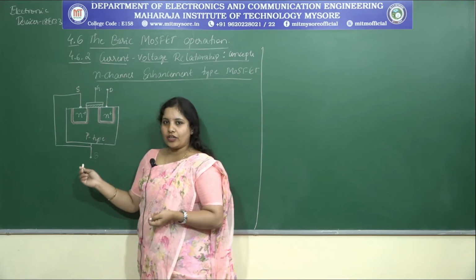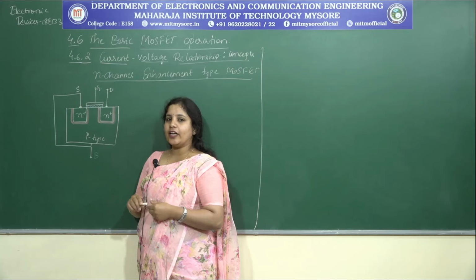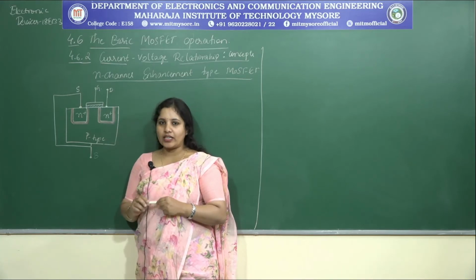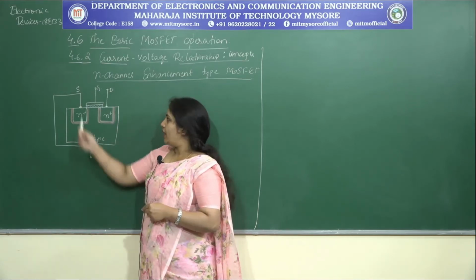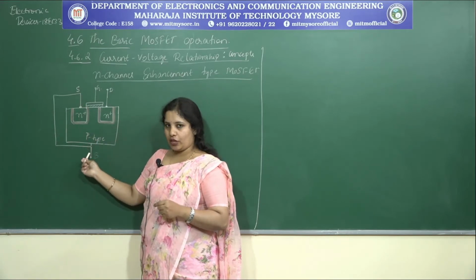Now, we need to understand what are the different kinds of biasings that this structure is involved with. When I consider the source and the body, they both are at the same potential.